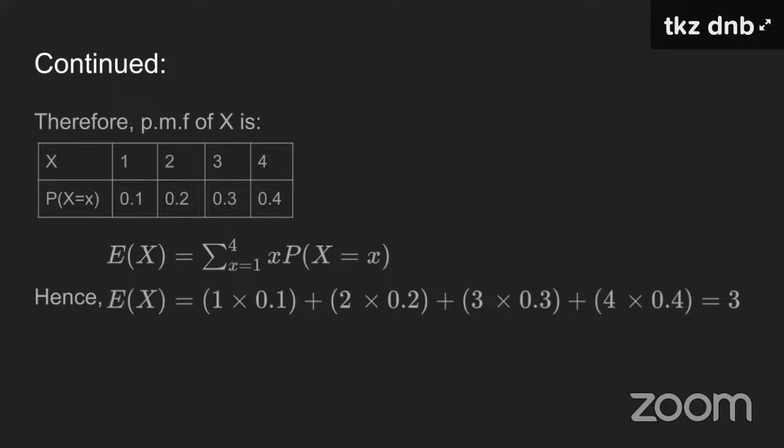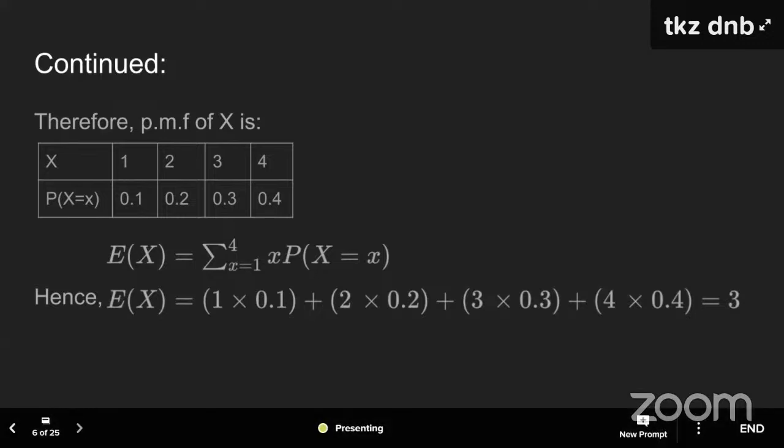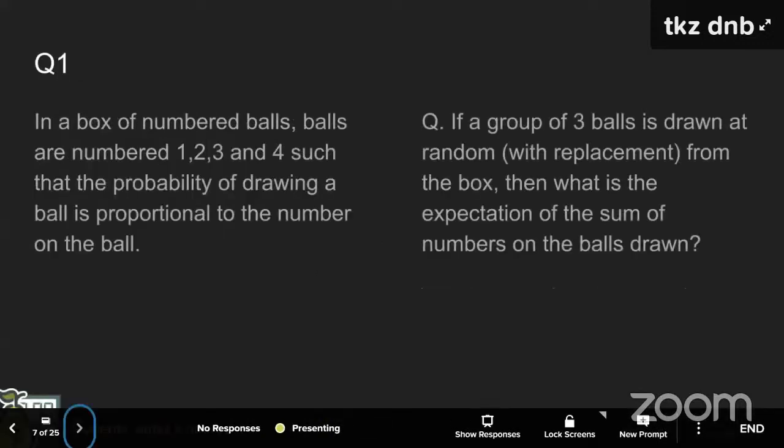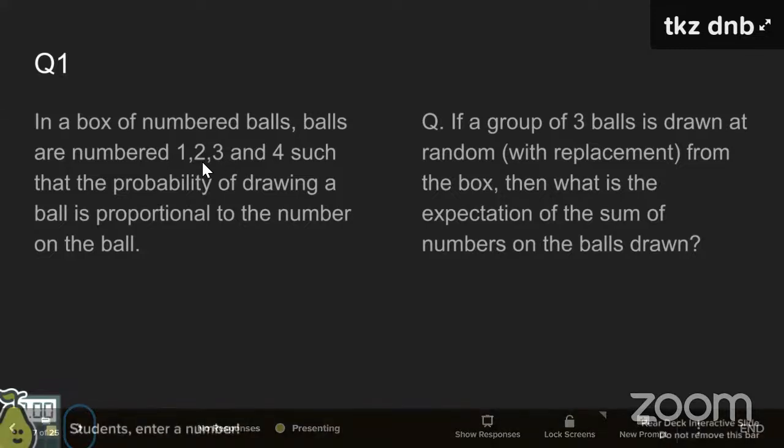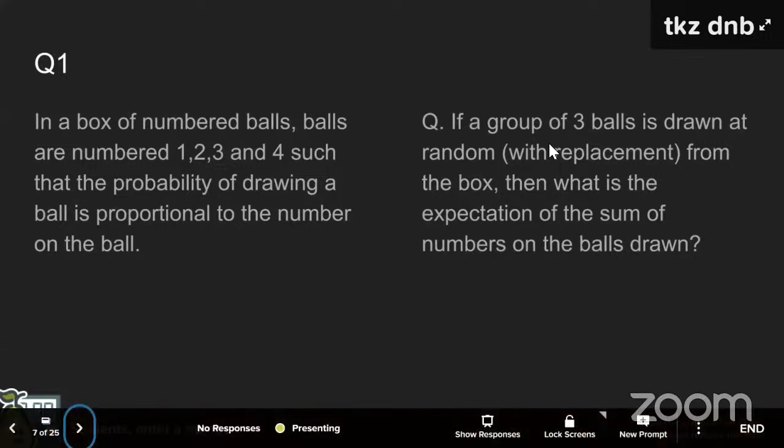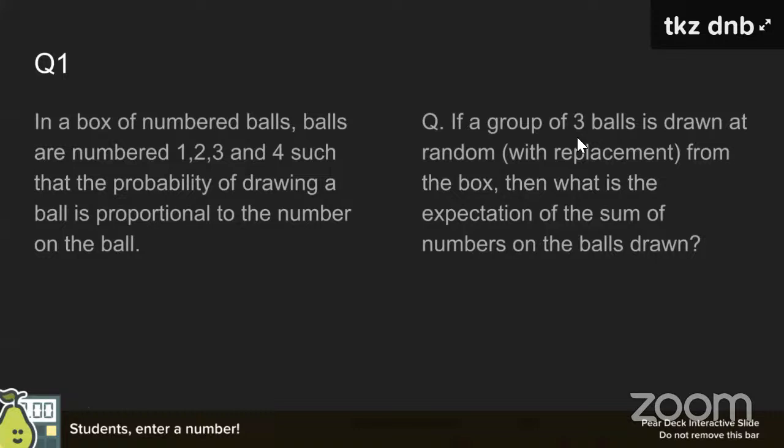No, ma'am. Okay, let's move to the next question. In a box of numbered balls, balls are numbered 1, 2, 3 and 4, such that the probability of drawing a ball is proportional to the number on the ball. If a group of 3 balls is drawn at random from the box, what is the expectation of the sum of numbers on the balls drawn?